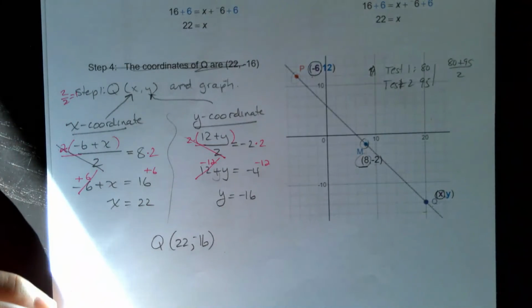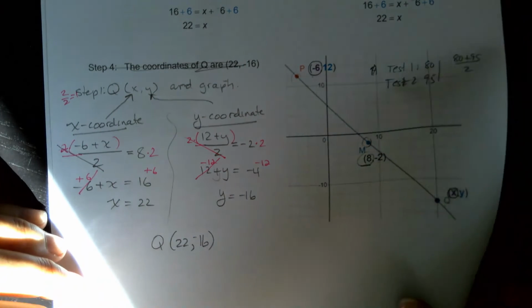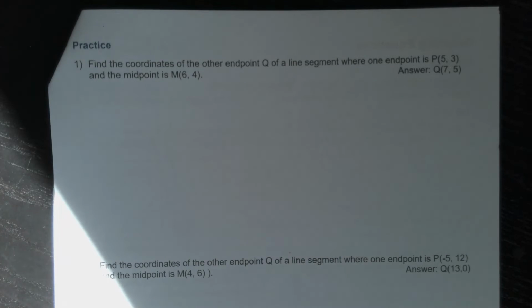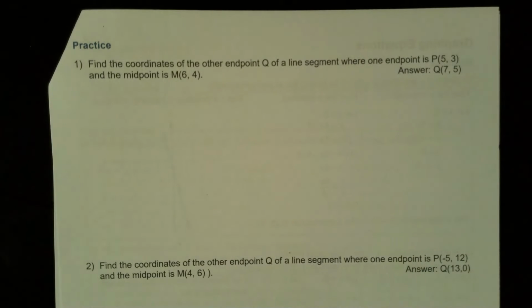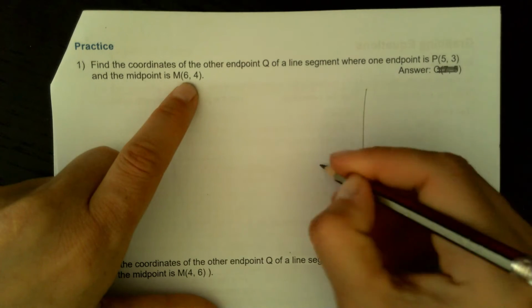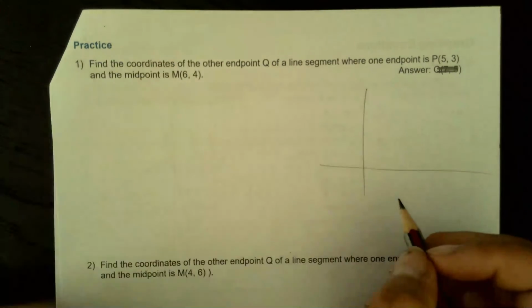Okay, so let's do another example. Find the coordinates of the other endpoint, called Q, where one endpoint is P and the midpoint is M. I'm going to graph them quickly.